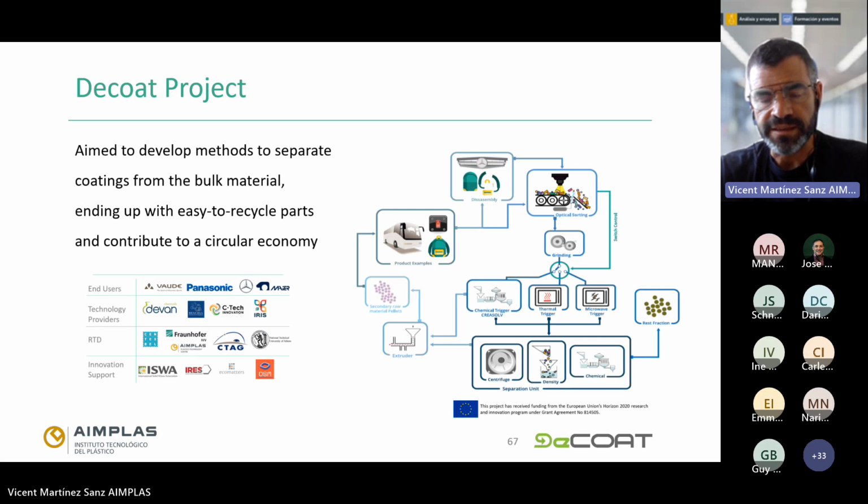So within this scenario, as my colleague highlighted in the first presentation, the DECOAT project aims to develop methods to separate the coatings from the bulk material, ending up with easy-to-recycle parts and contributing in this way to a more feasible circular economy.